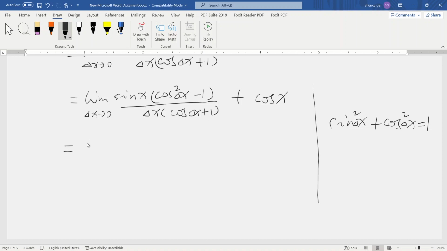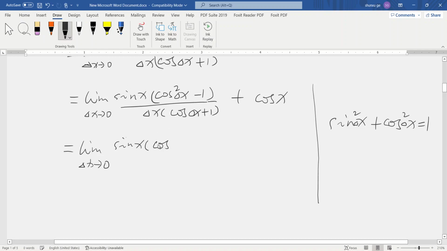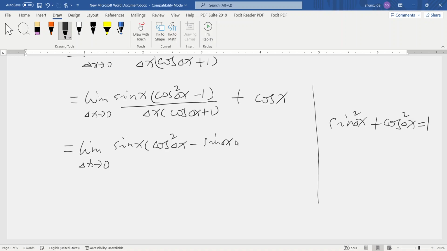So here, the limit as delta x approaches 0 of sin x times (cosine delta x squared minus 1), we change to negative sin delta x squared, over delta x times (cosine delta x plus 1), and don't forget this one, plus cosine x.